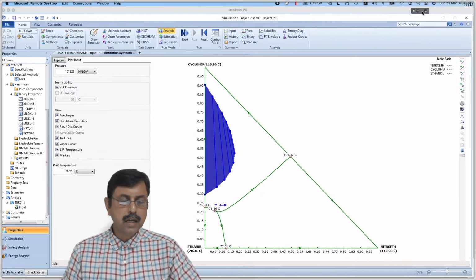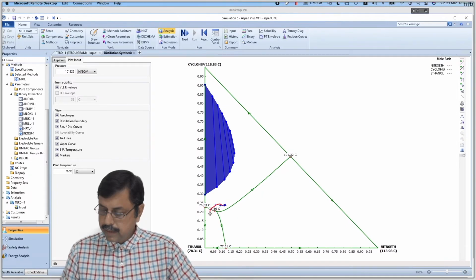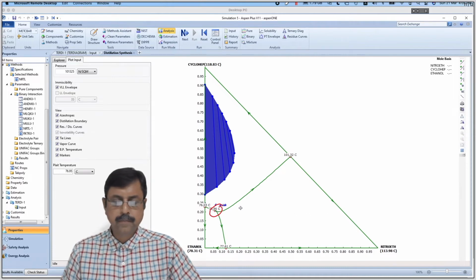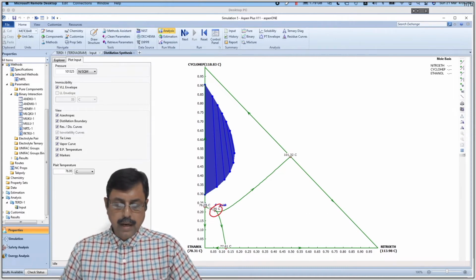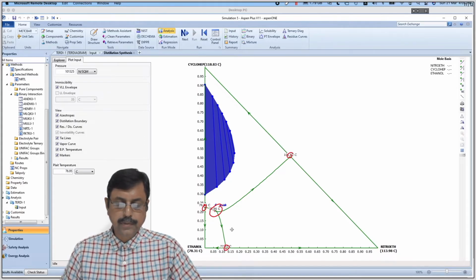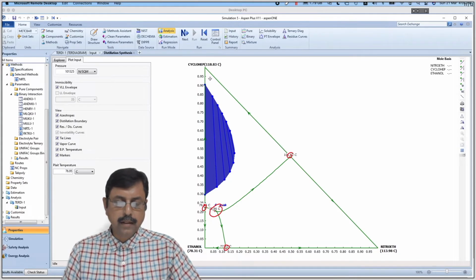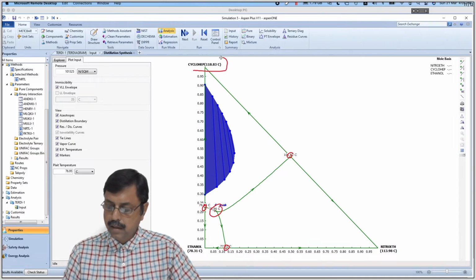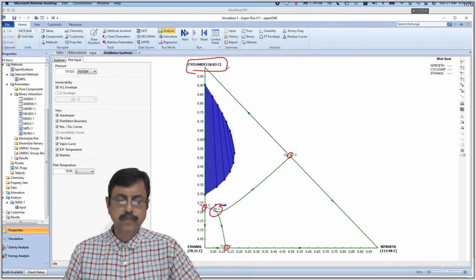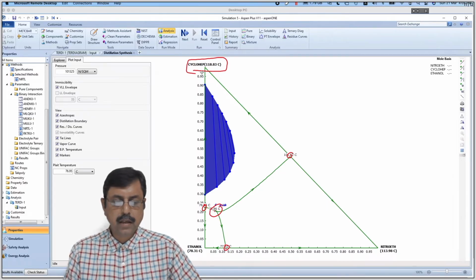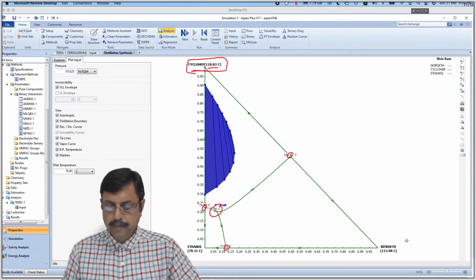So in the ternary plot, this one is the ternary azeotrope. This is a mixture of 3 components. And these are the 3 binary azeotropes. And these are the stable nodes along with the boiling point. So this information is given. Cycloheptane 100% with its boiling point.